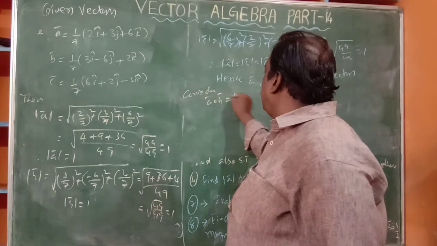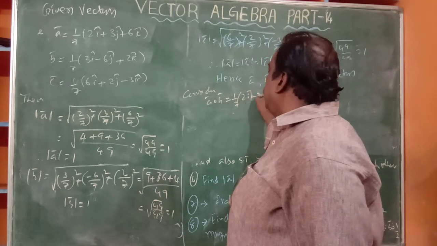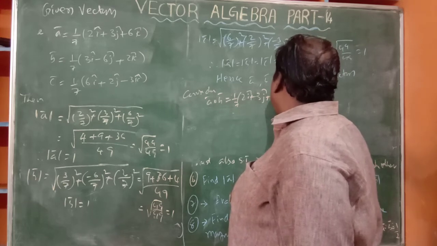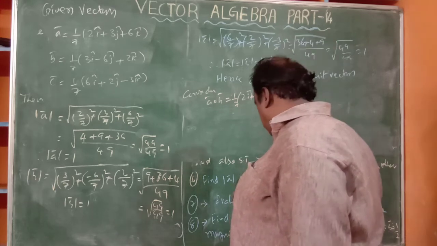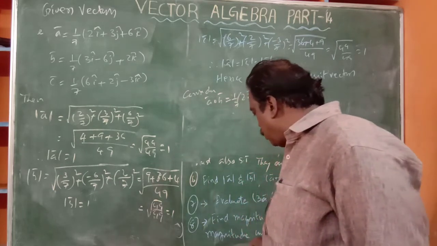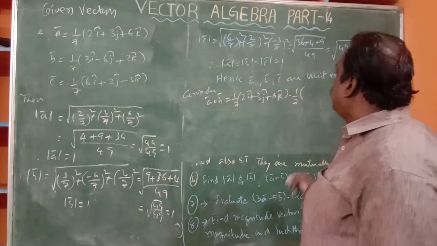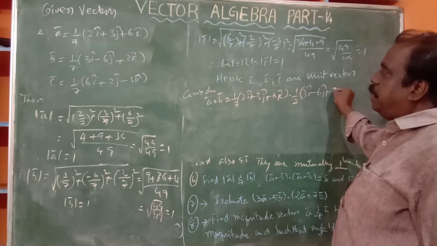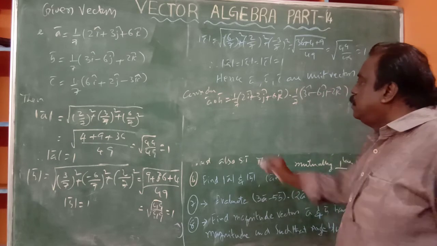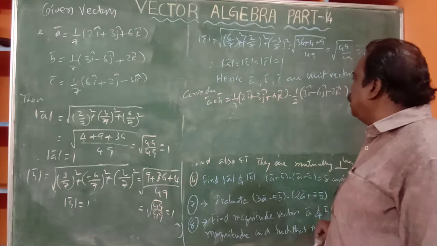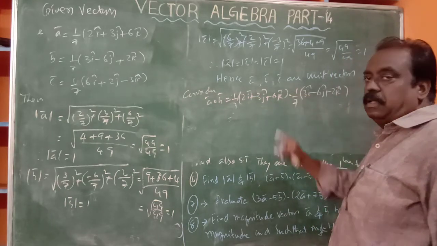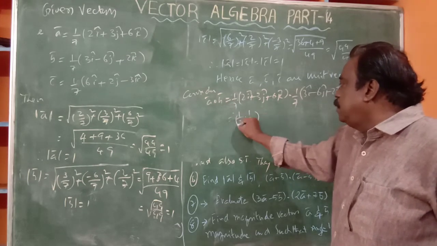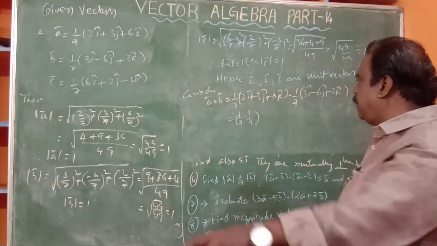That is (1/7)(2i + 3j + 6k) dot (1/7)(3i − 6j + 2k). Observe, the coefficients 1/7 into 1/7 are a constant, separate.